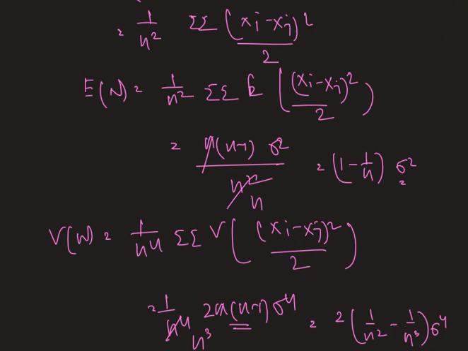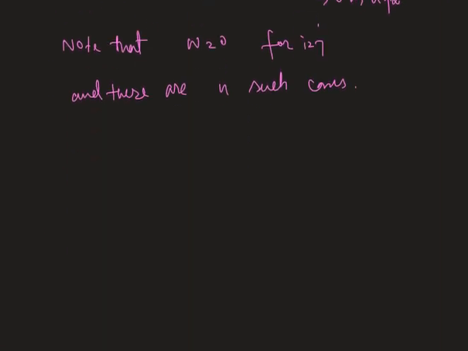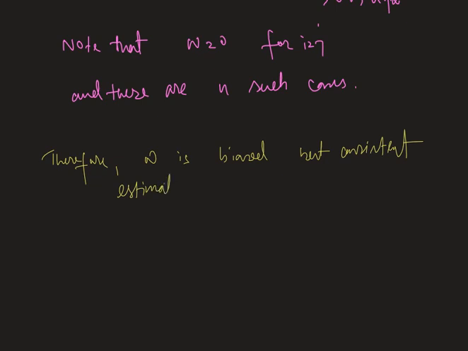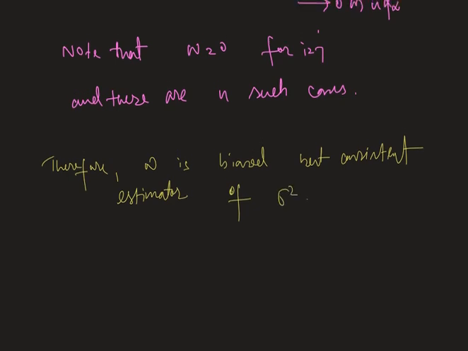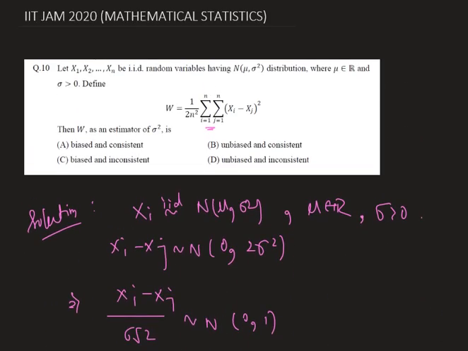Therefore we can write W is a biased but consistent estimator of sigma square. Therefore option A is the correct answer.